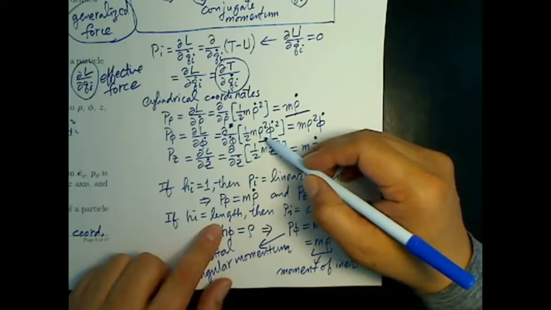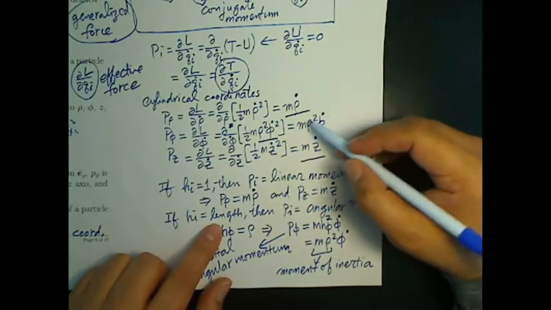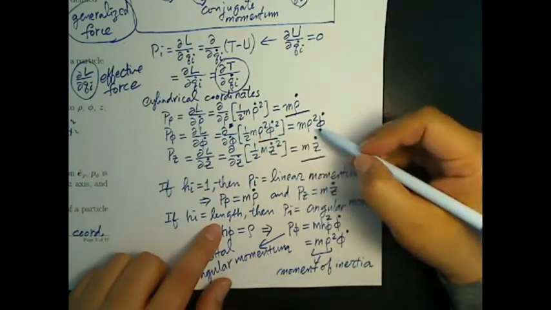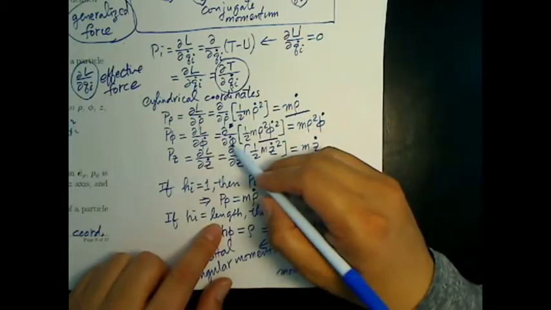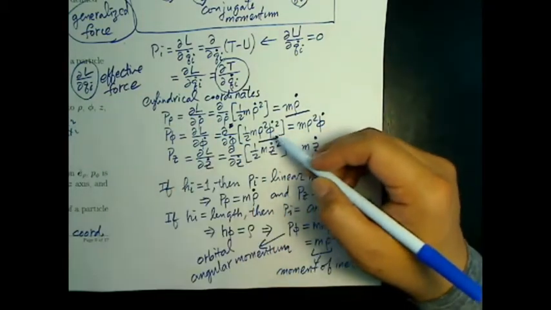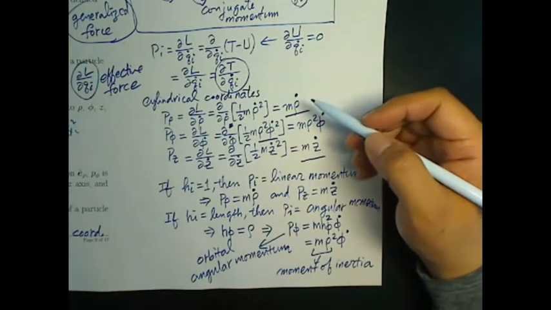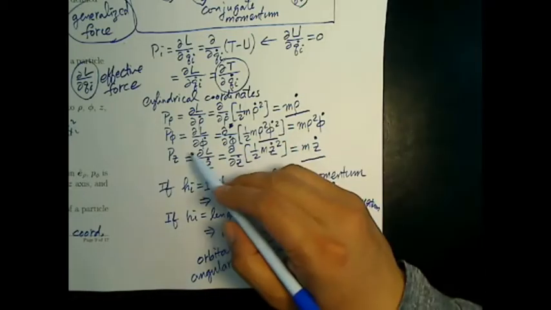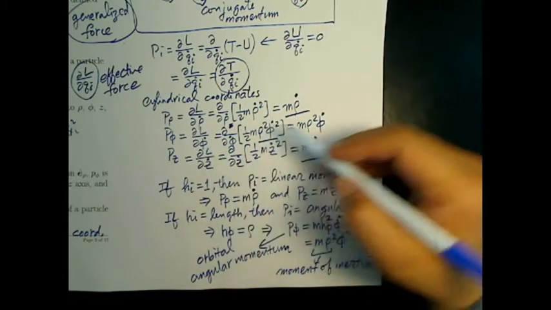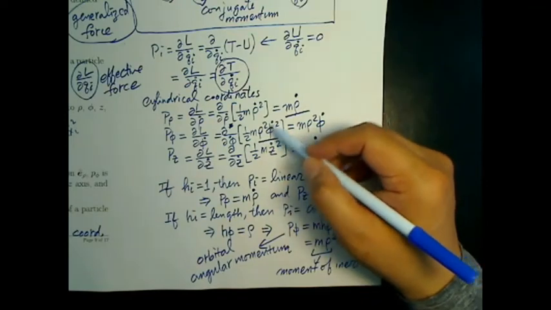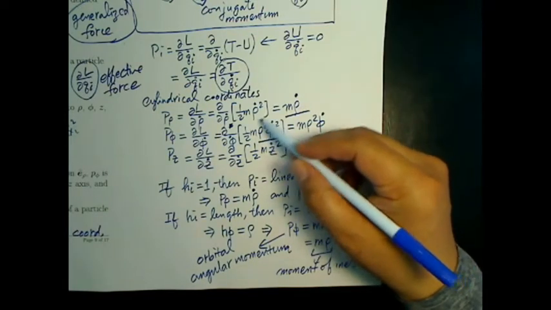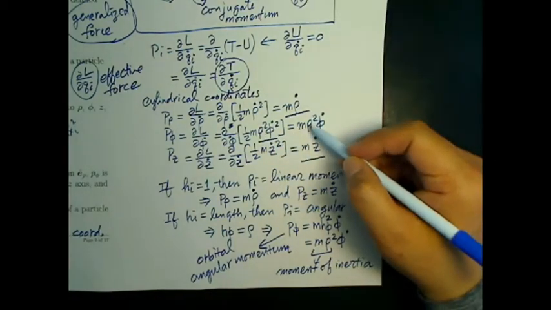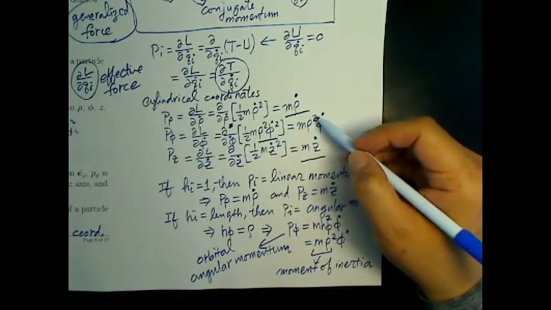Thus, the kinetic energy has a rho squared factor, and this rho squared factor remains in the final stage. The velocity was rho phi dot, but the velocity squared in the kinetic energy has rho squared phi dot squared. The derivative with respect to phi dot decreases the power of phi dot squared by 1. However, the factor rho squared does not change. Therefore, the lever arm squared remains.